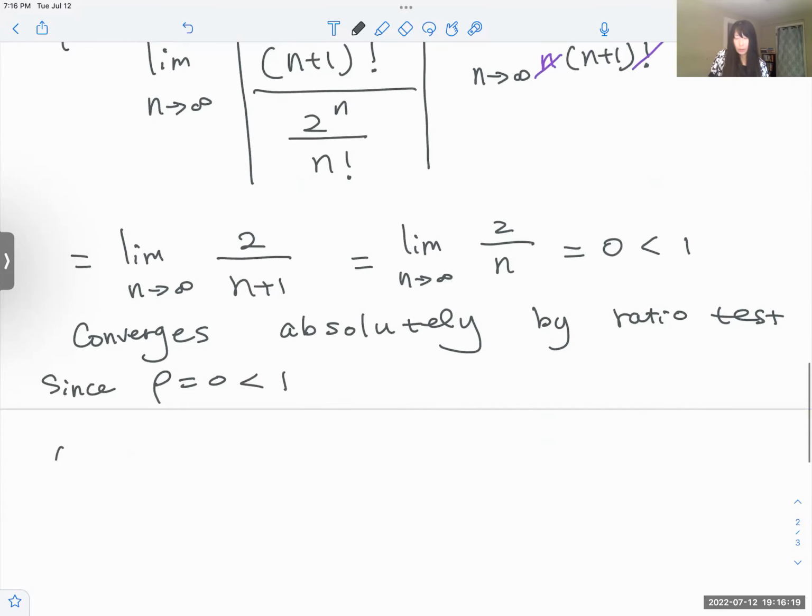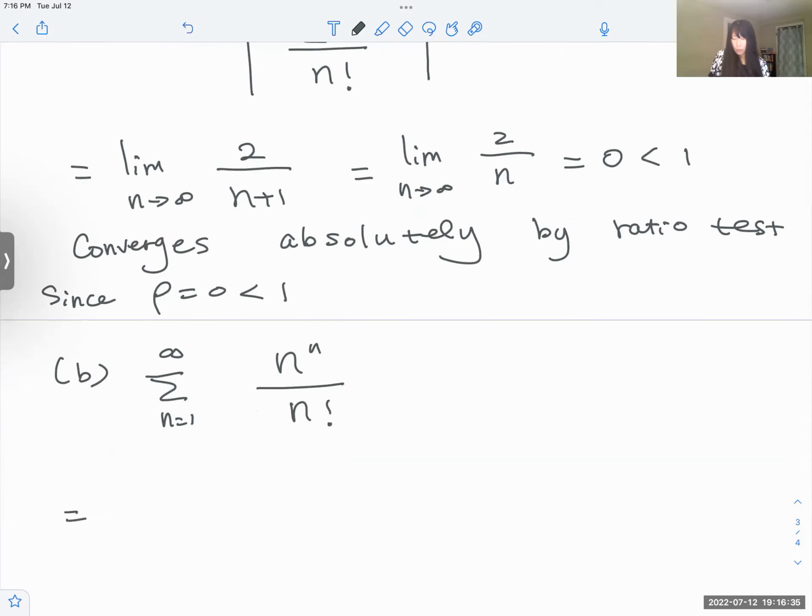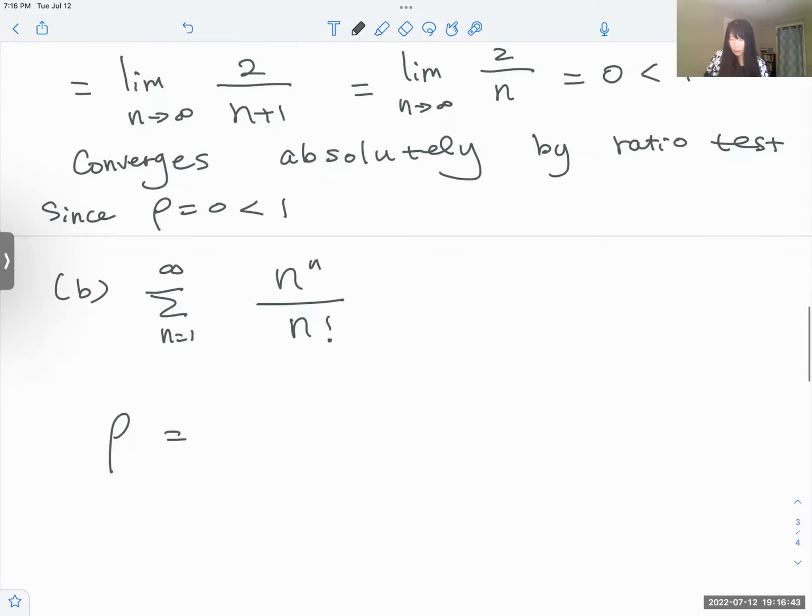All right, second one, we have the summation from 1 to infinity, and then we have n to the n power over n factorial. So we will write down rho equal to, we take the limit as n approaches positive infinity.